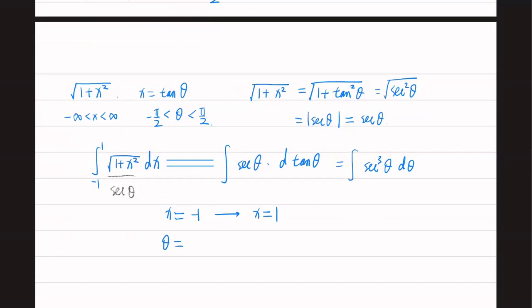How did the theta change? Do you have some idea how to find the lower and upper limit of theta? We have to match the limits. So when x is -1, how do you find the theta? Tangent inverse of -1.